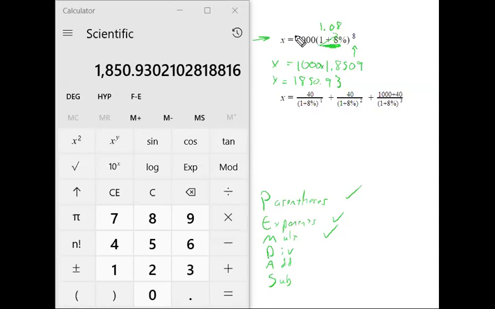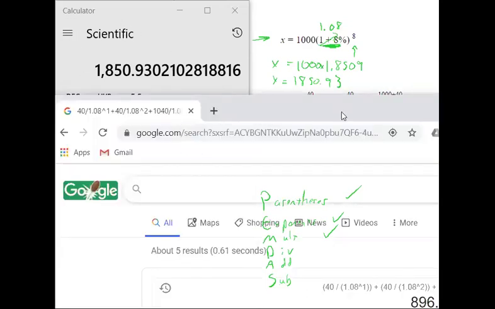Before we work on the next one, I just want to emphasize that I find that often it's a little bit easier to do these calculations rather than using a calculator like this. You can just use Google, or you can type the exact same formula into a spreadsheet. You don't have to think as much.